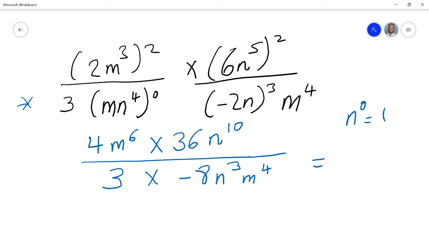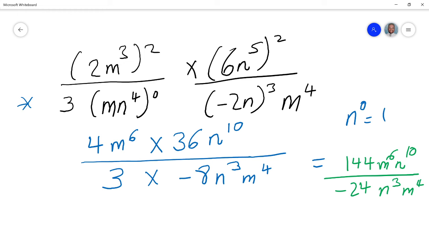So when I multiply the top numbers, 4 times 36 is 144, m to the power 6, n to the power 10, divided by 3 times negative 8, which is negative 24, n to the power 3 and m to the power 4.